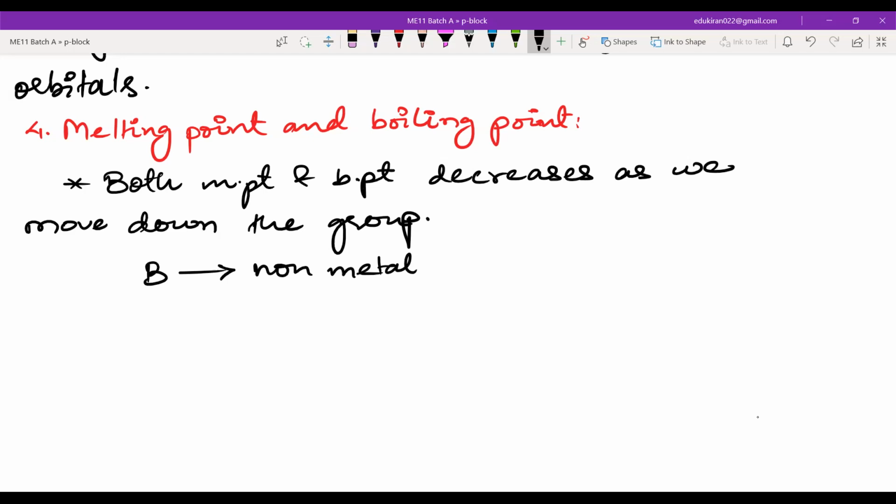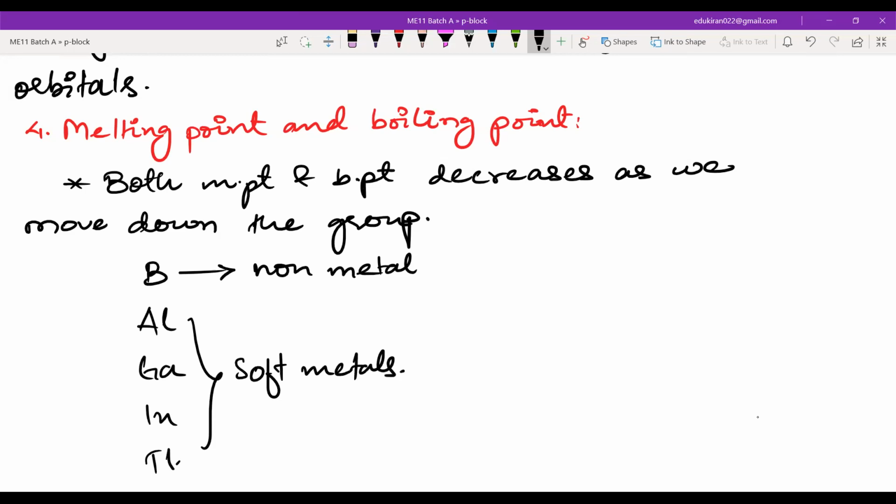Then you have aluminium, then gallium, then indium, and then thallium. All of these are soft metals.